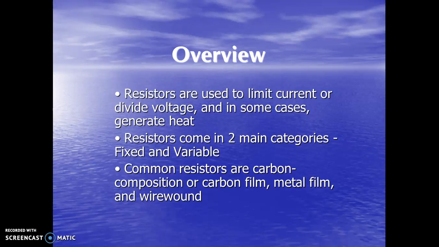They're designed to exhibit specific behavior, but there are a number of different materials that can produce this. So they can be carbon or carbon film, they can be metal film, they can be wire wound. Okay, all of that's moderately interesting, but we have a number of other things to talk about with regards to resistors.